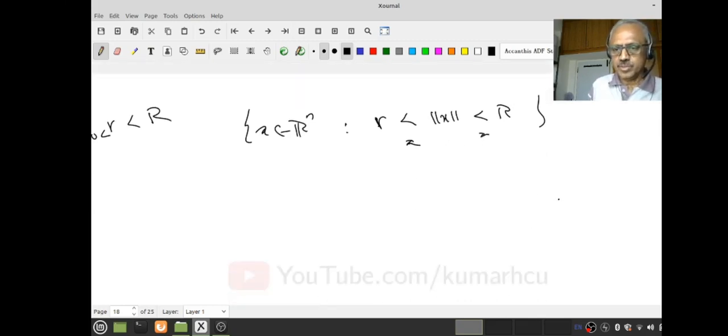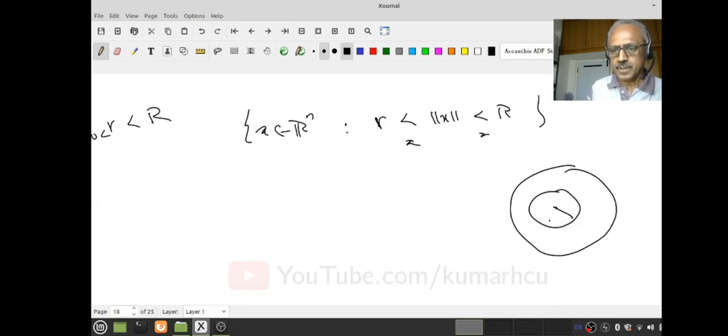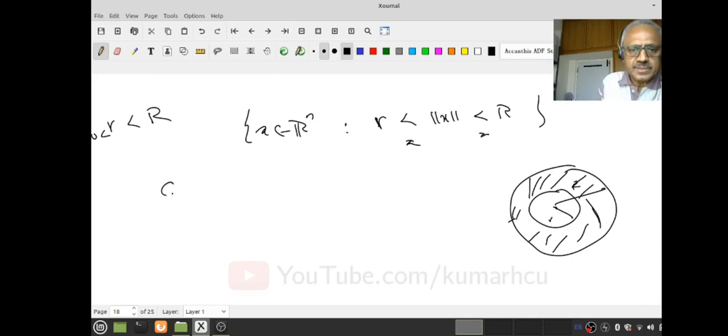The picture will be like this. So this is little r, this is capital R, the region is this shaded region. This is connected. Why? That is the image of the interval r to R cross Sn minus 1 to Rn.